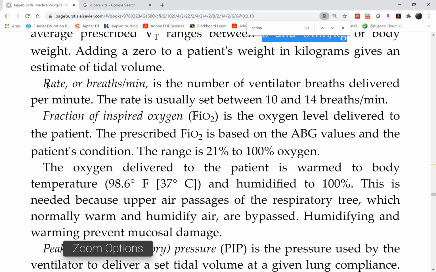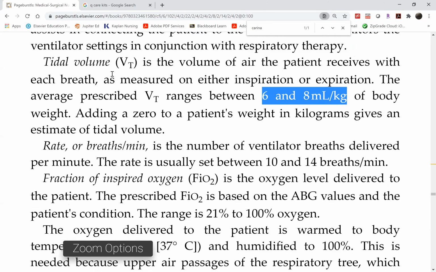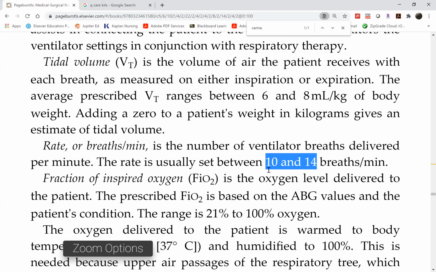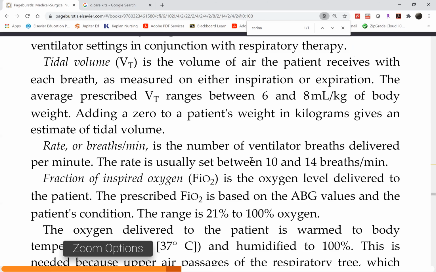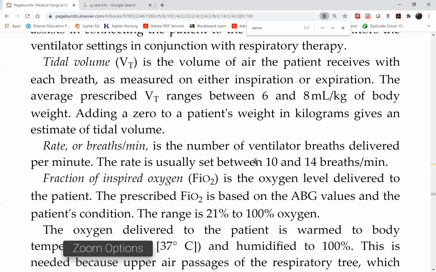Next, the vent also needs to know how many times you want me to give this breath. Usually it's between 10 and 14. The reason why it's 10, which is below normal, right? Normal is 12 to 20. The reason is the most common modes allow the patient to breathe spontaneously.